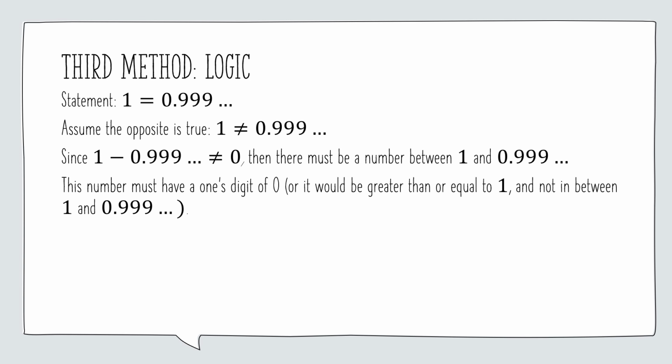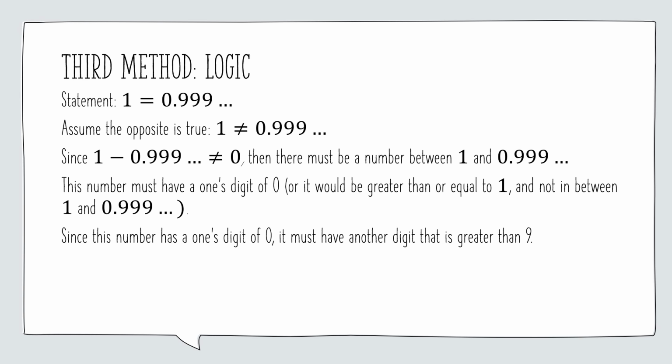Well, this number has to have a ones digit of 0, because if it did have a ones digit of 1, then it would be greater than or equal to 1, and therefore it wouldn't be between 1 and 0.9 repeating. So if it has a ones digit of 0, then it must have another digit to the right of the decimal point that is greater than 9 in order to be greater than 0.9 repeating.